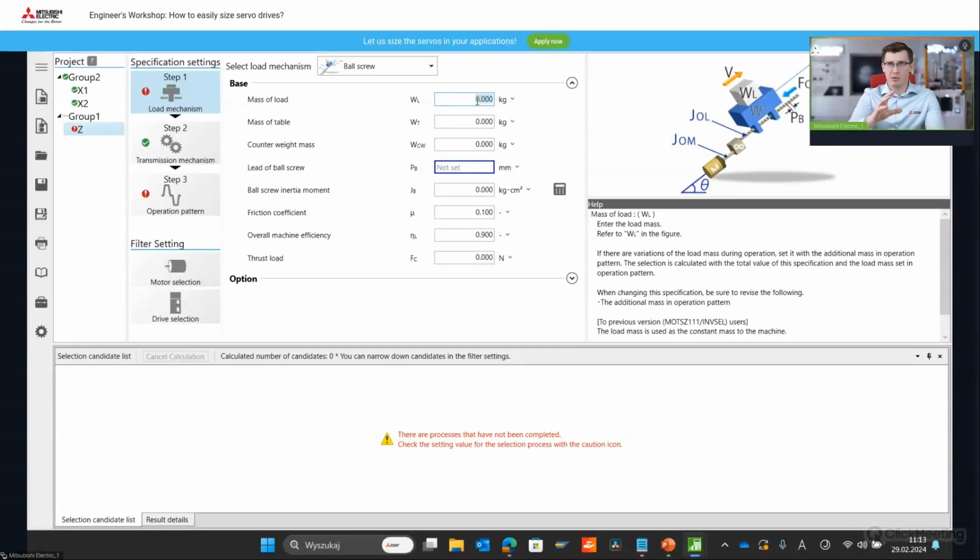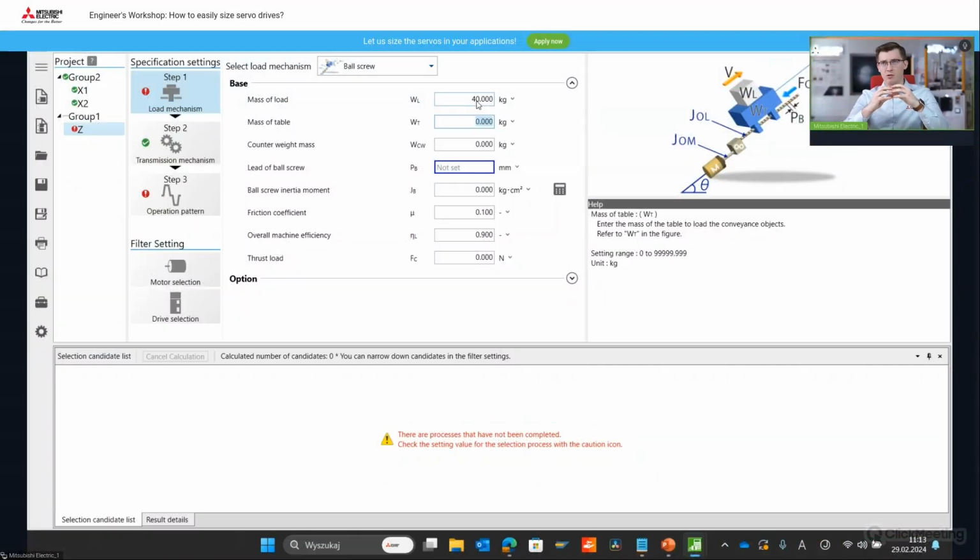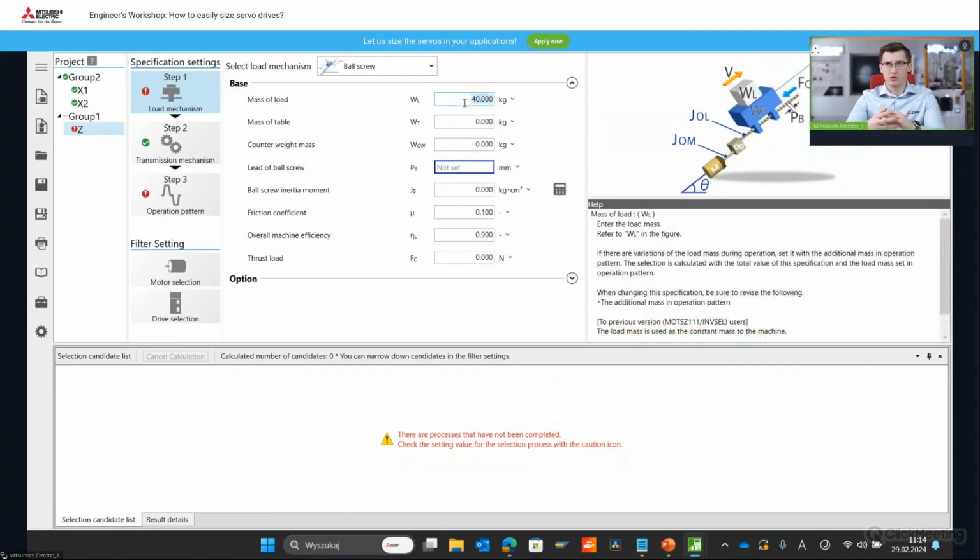Mass of the table is the same, so let's say in this system, I calculated the mass of the load and mass of the table of the ball screw as one. So this 40 in this place is also the mass of the table calculated. It is okay to do it that way. It is just to be easier for you to differentiate between these two.